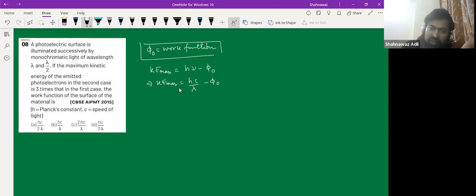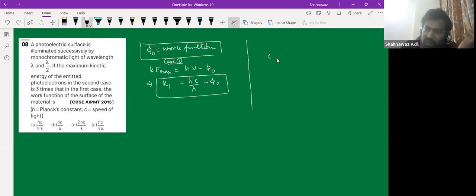Let me write this Ke max as K1. This is one thing, case first. What is the second case? Case second is that now the wavelength has become lambda by 2.